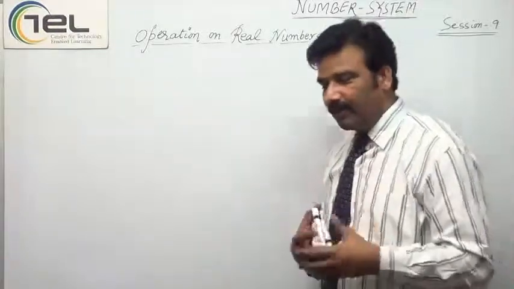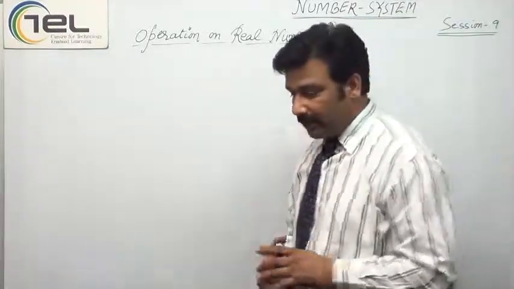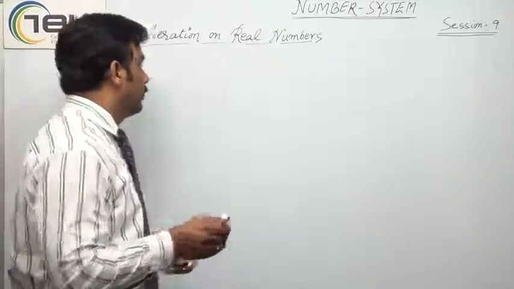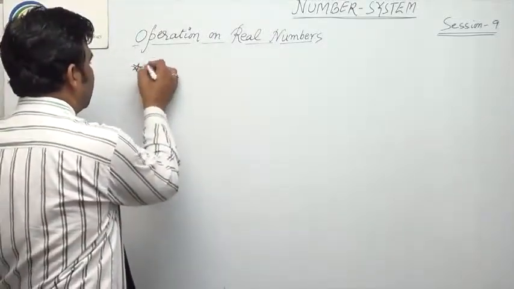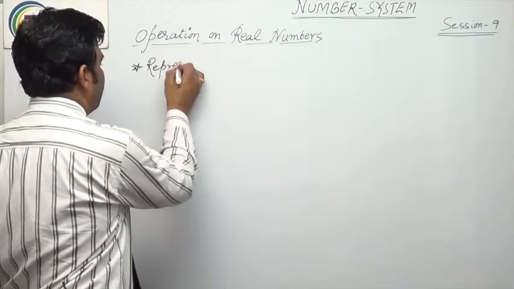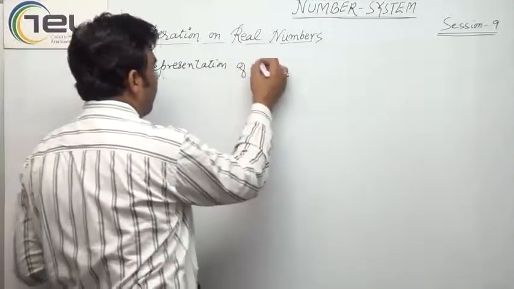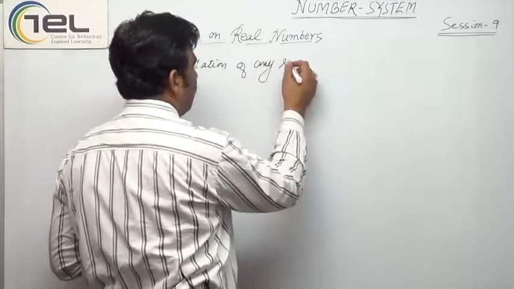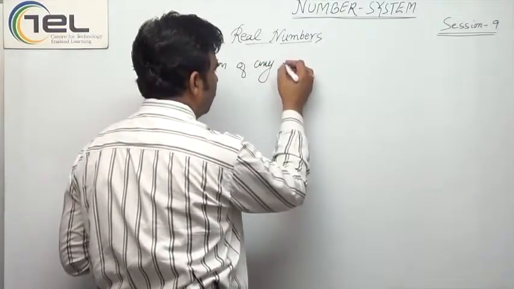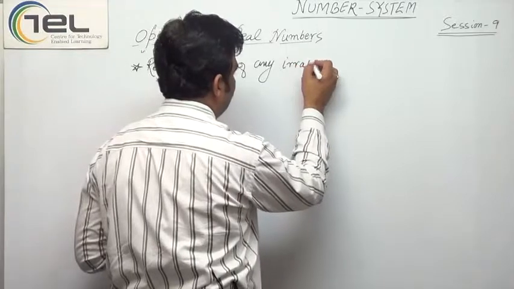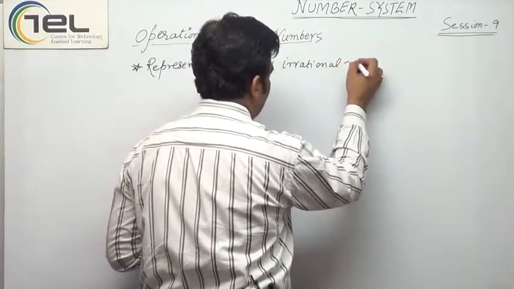In this session, we are going to deal with two topics. The first one is representation of any irrational number on the number line.